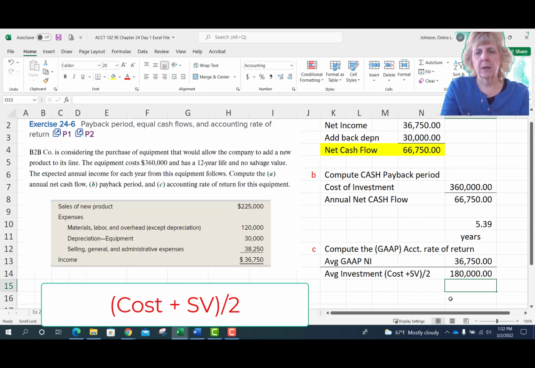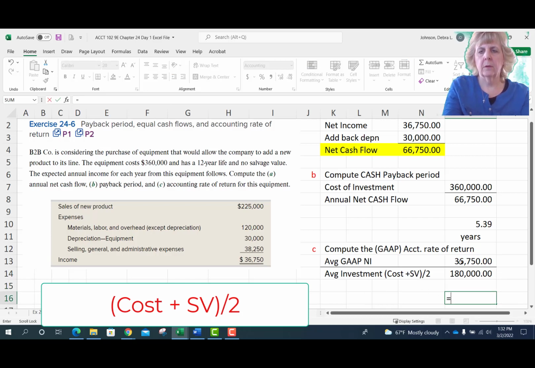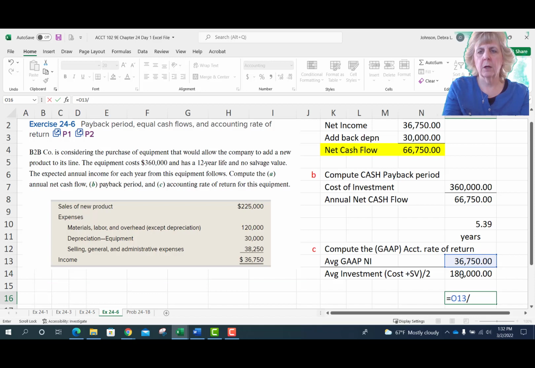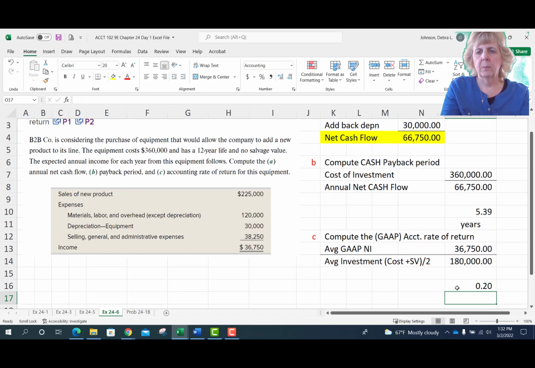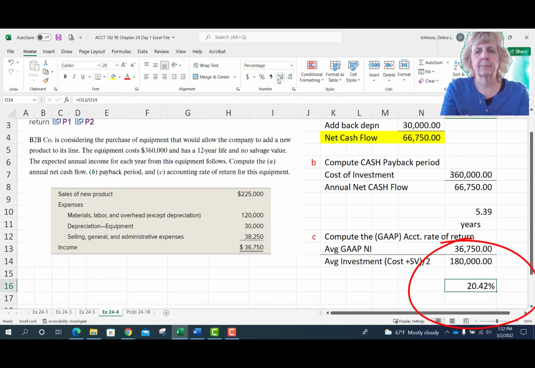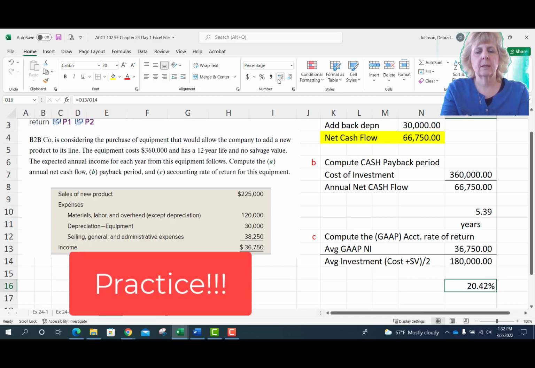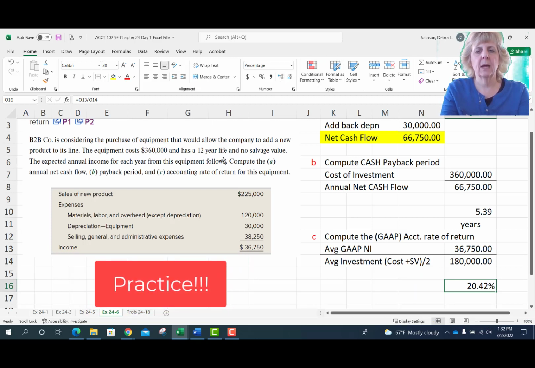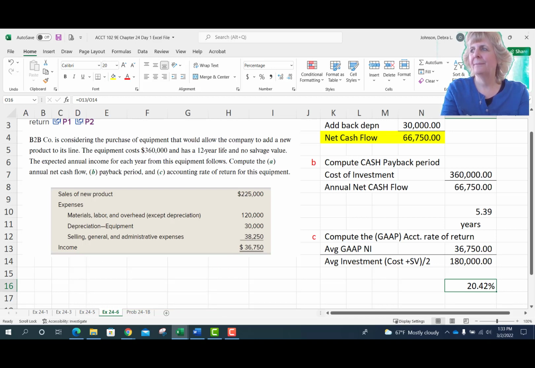And when I pop that into my calculator, the average accounting rate of return would be, let me put a percent format and at least 1 decimal, 20.42%. Take a look at those, make sure you understand what feeds each formula, and continue practicing until you feel like you've mastered the topics. On to the next one.